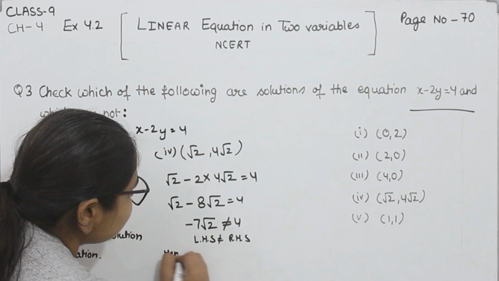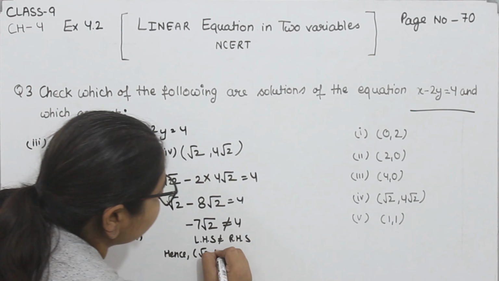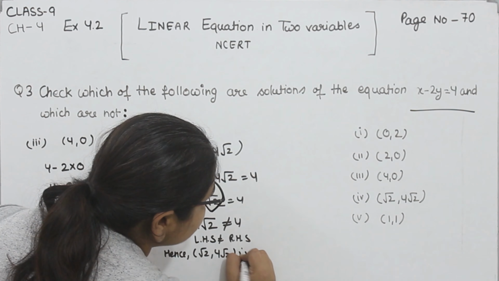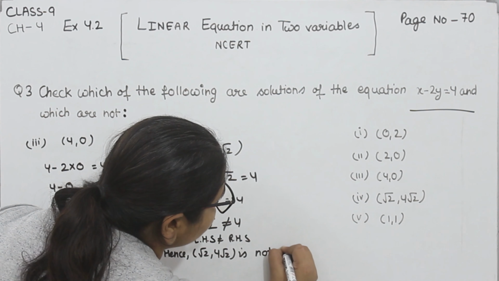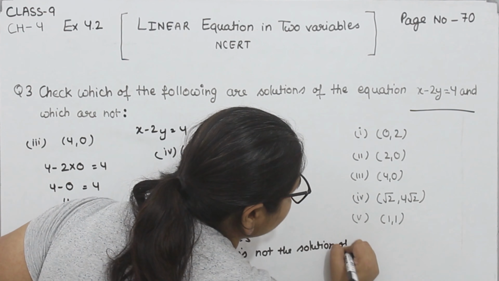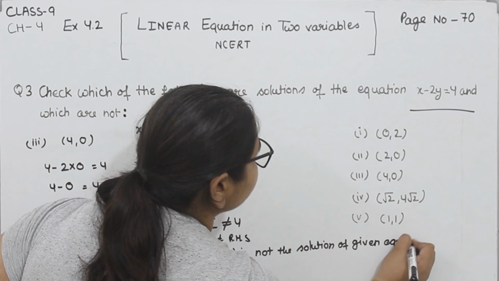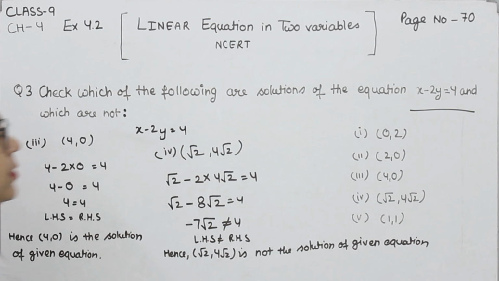Now the statement: hence (root 2, 4 root 2) is not the solution of the given equation. This is part 4.